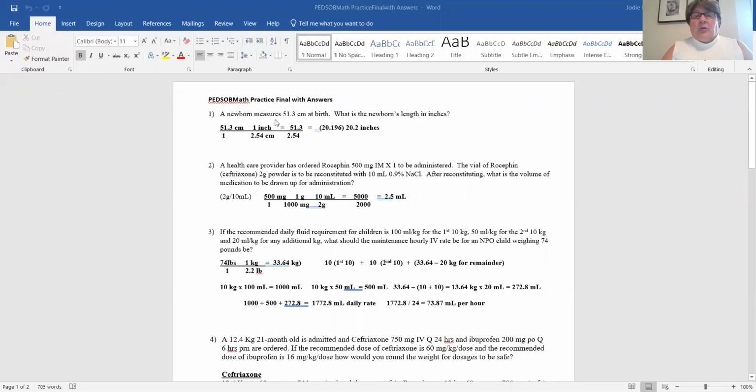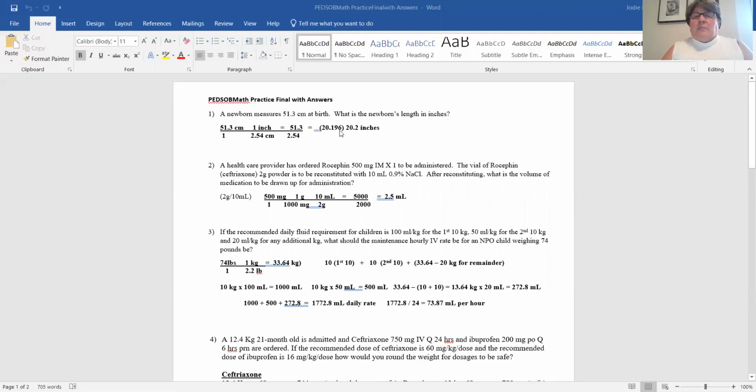You've just got a newborn measuring in centimeters, and you want to know the length in inches. This does not ask for anything more than just inches. So you'll start with the 51.3 centimeters and do your conversion right in the middle, and you'll come out with this bigger number here, 20.2 inches.